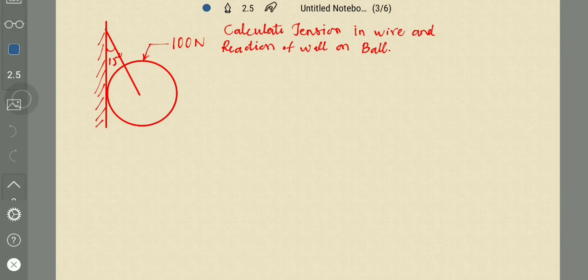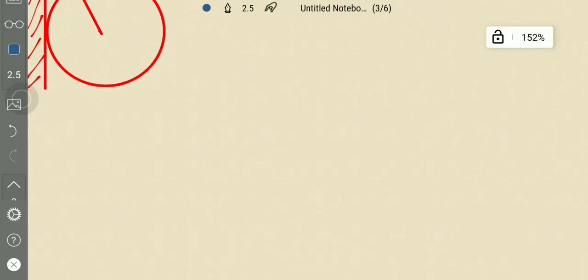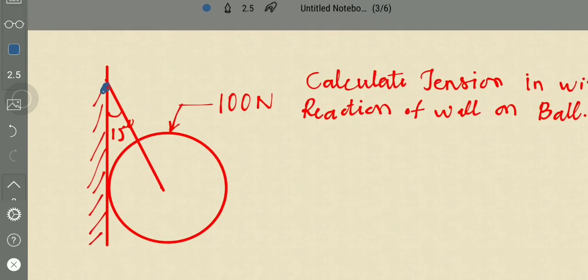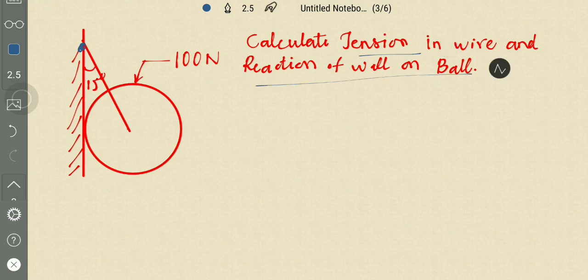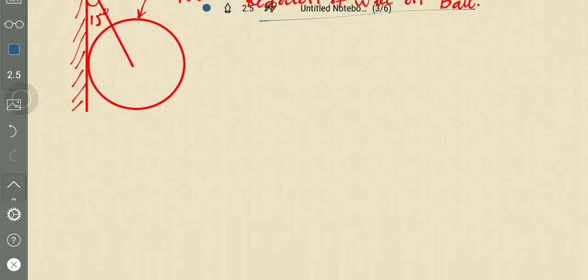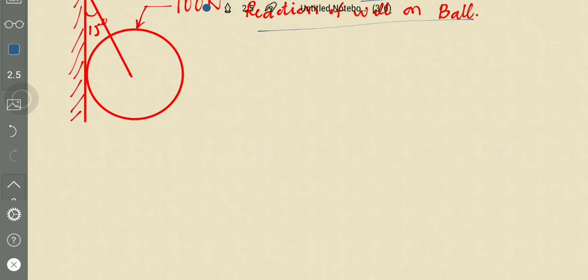There is a ball attached to a string which is fixed to this wall here. So it is said to us calculate the tension in the wire and the reaction of the wall on the ball. First we need to draw the free body diagram of this problem.